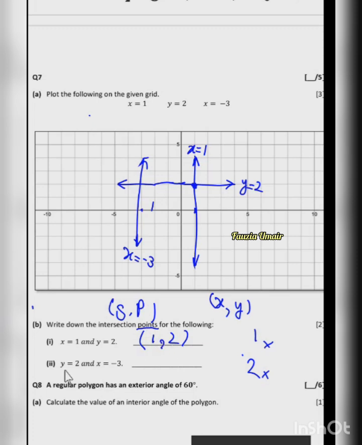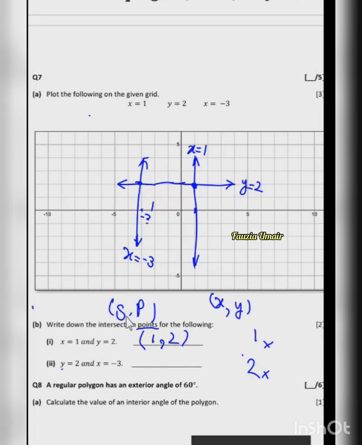And what about the intersecting point of y is equal to 2 and x is equal to -3? This is the point. What are the coordinates? 2 and 3. Is it 3? It's on the negative side. -3.